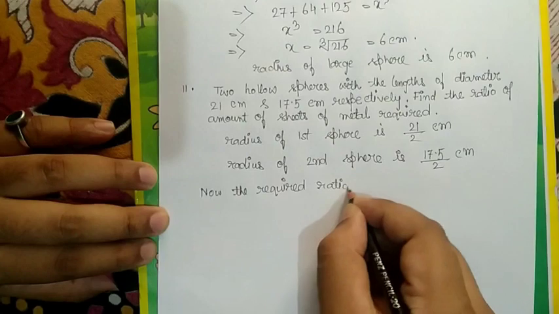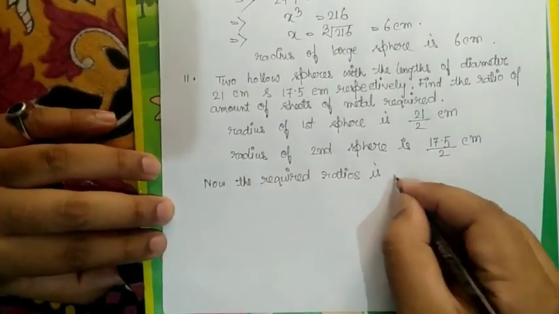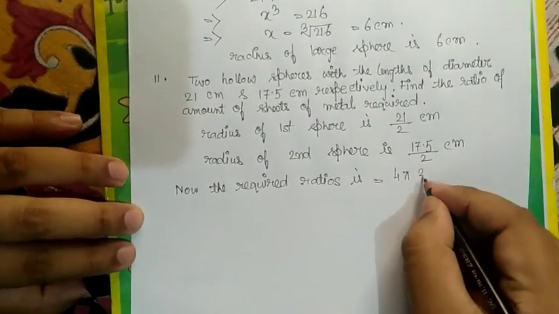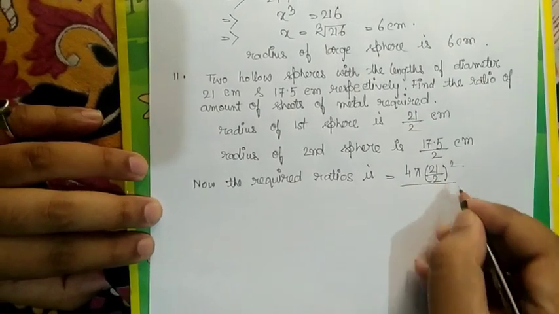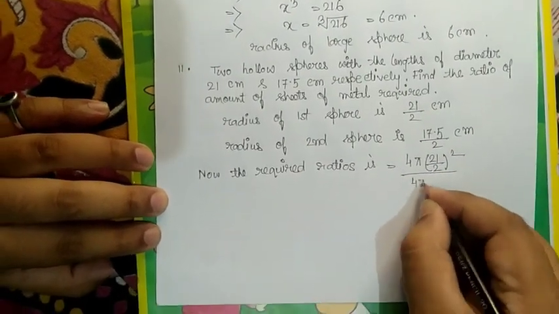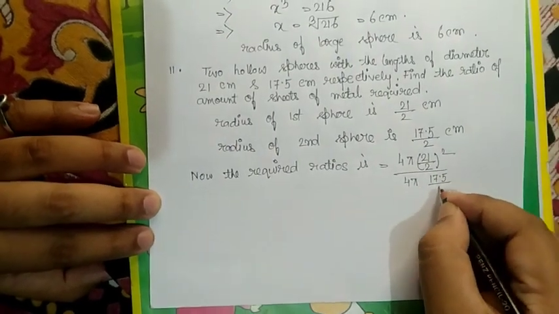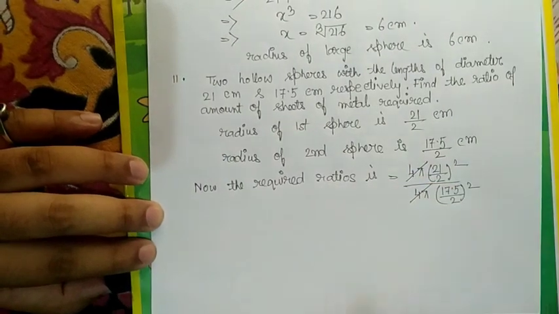Now the required ratio is 4 pi 21 by 2 whole square by 4 pi 17.5 by 2 whole square. Eliminate this.